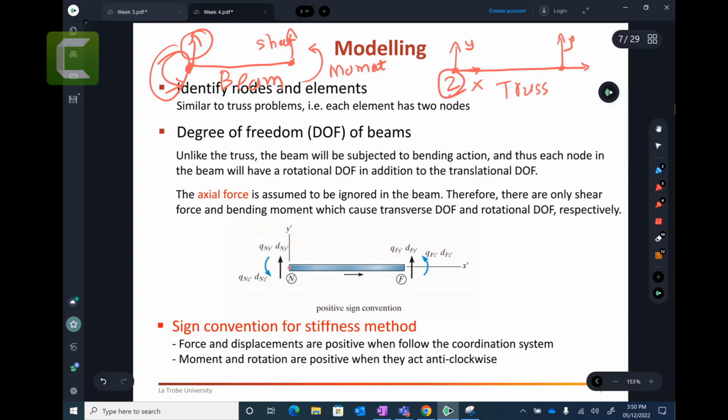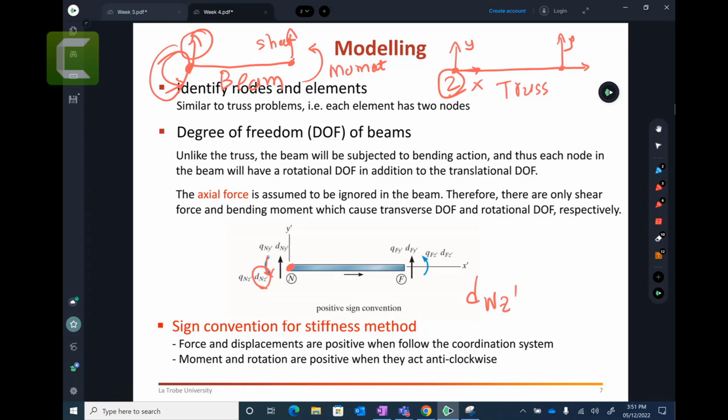Then you have this point I'm talking about, it can rotate. Now, this rotation is about the z axis. If I have this x axis going this way, y axis this way, the z axis is coming out of my screen. That is the z axis, and that's the rotation that is created. Again, the rotation is one kind of displacement, one kind of degree of freedom, at the near node, about the z axis in the local coordinate system.